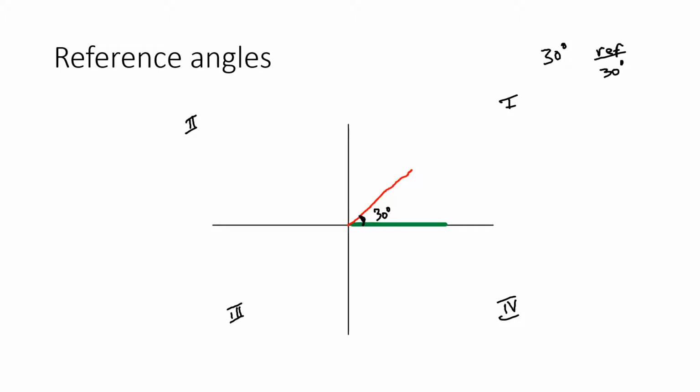But if we're in quadrant 2, so let's say that we made this angle whose terminal side is in quadrant 2, and suppose that this angle starting from the initial side to the terminal side has a measurement of 150 degrees, what would the reference angle be?